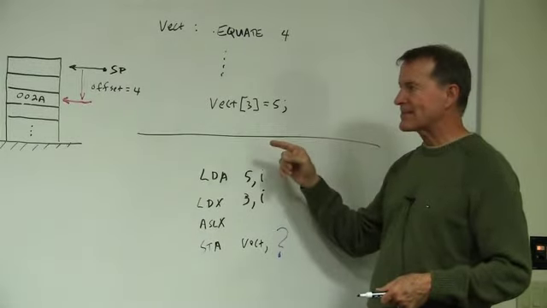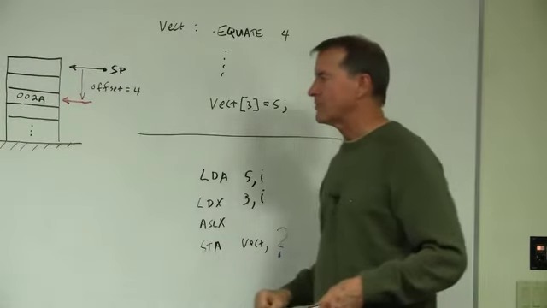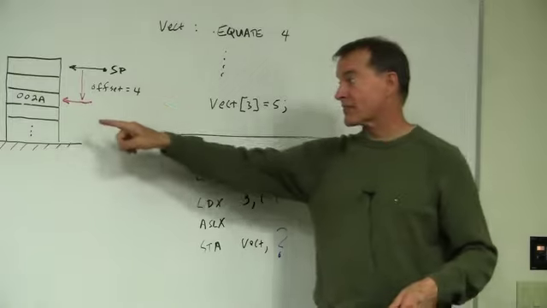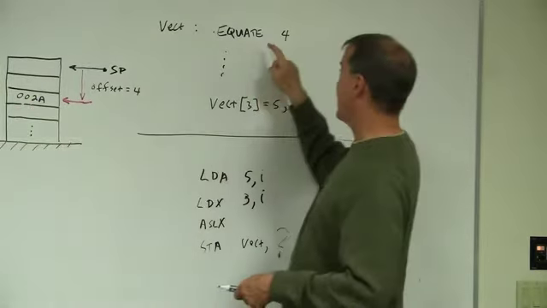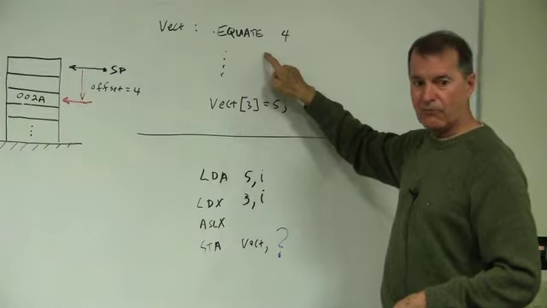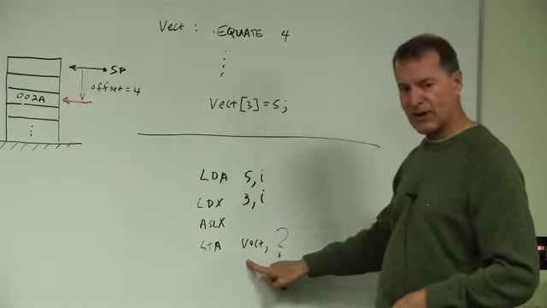What does it have to do? Well, let's look over here. Remember, the value of vect is 4. What do we have to do with that 4?